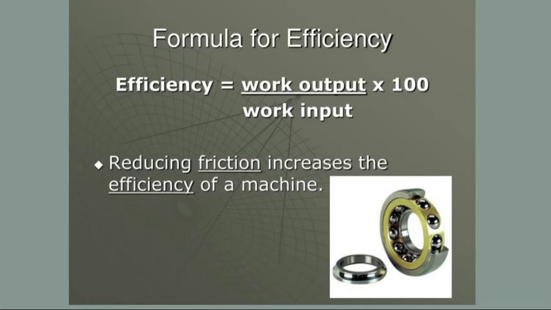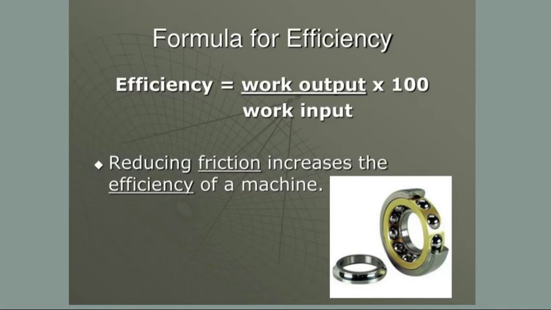That's what we mean by efficiency. It's measured in percentage. That means if I put effort into a machine, how much productiveness will it give? How much effective result will it give? That's what we mean by the efficiency of a machine.